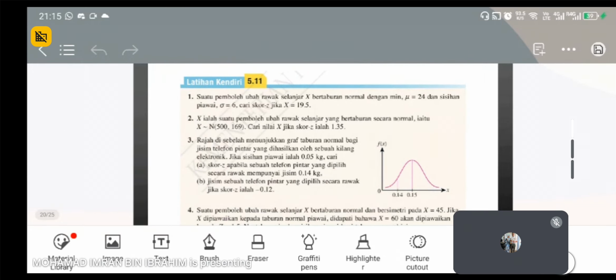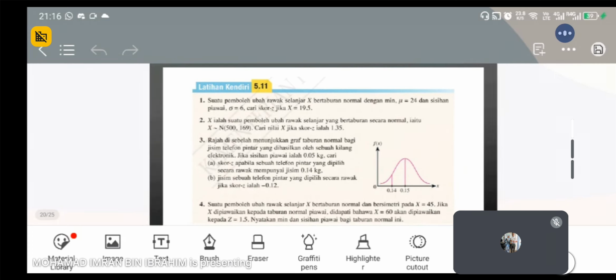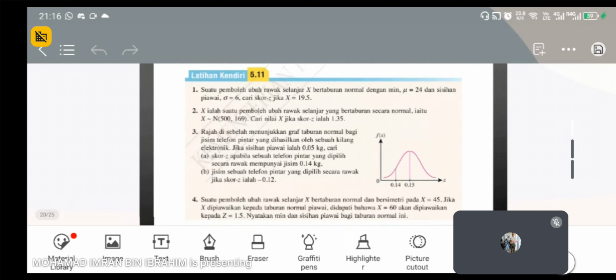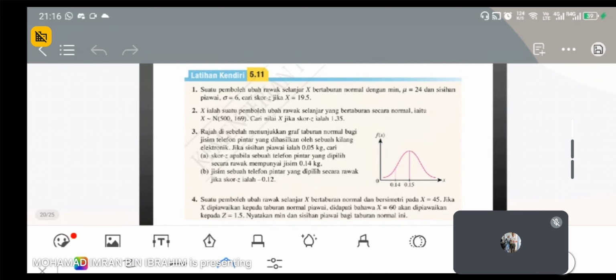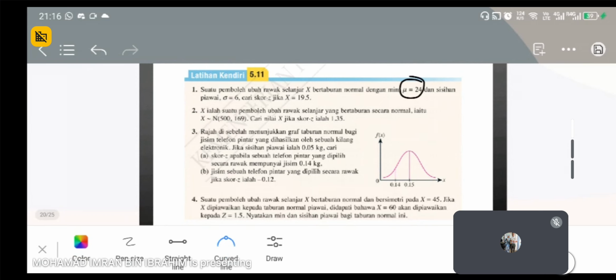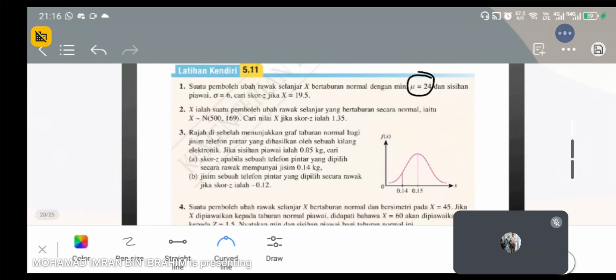Latihan, kan ready? 5.11, right? So I did this thing right here. Okay, hopefully it's correct. Satu pemboleh ubah rawak selanjar X bertaburan normal dengan mu, which is our mu is right here, equals 25.24. So they already give that value.